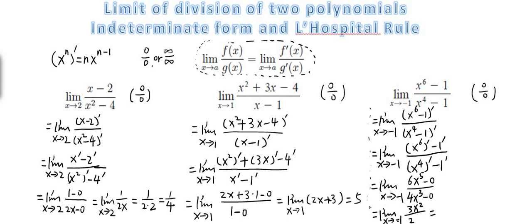And then we plug in -1, that's going to be 3 over 2 times -1 squared. Okay, and then we can simplify. -1 squared is going to be positive, so 3 over 2. That's it.